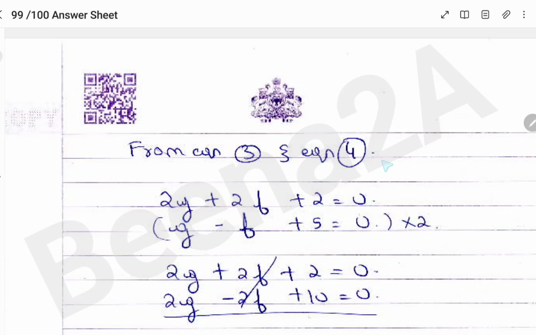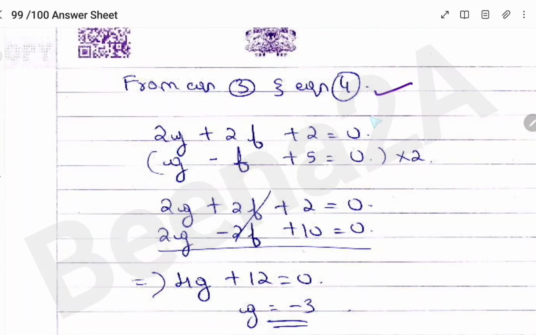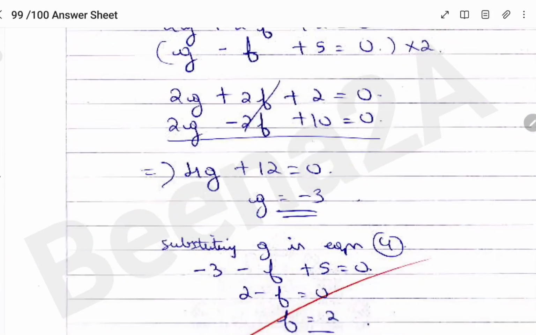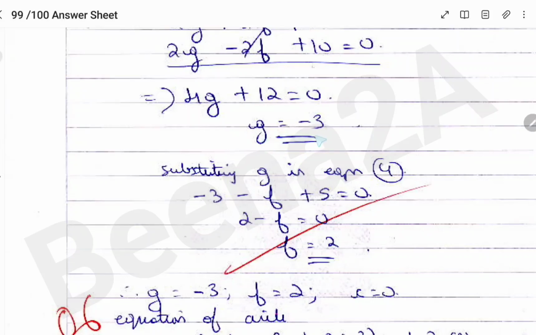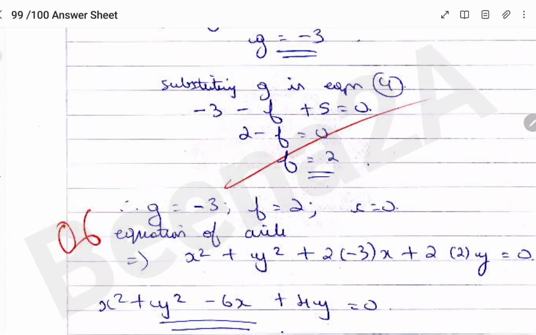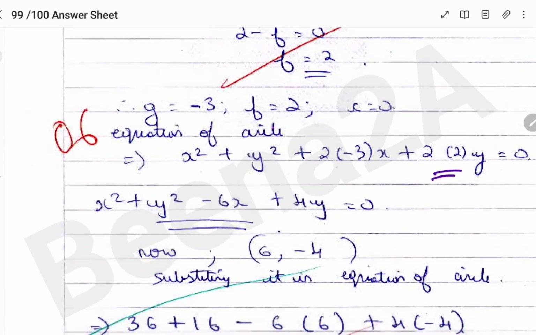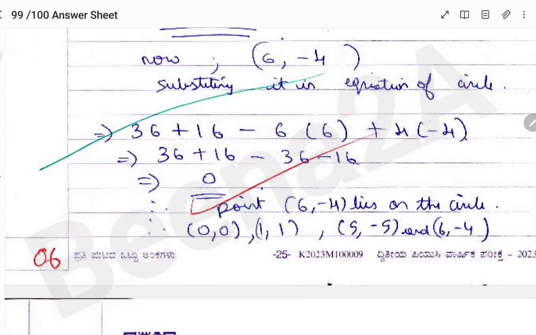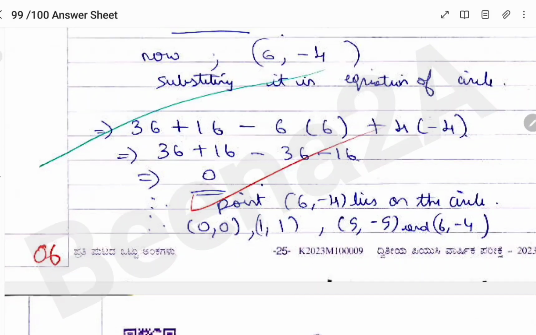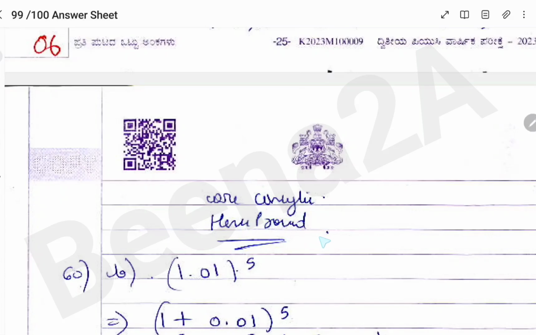Then from equation 3 and equation 4, he has neatly written the steps. Then underlining the values that he gets for G and F, and finally he writes the equation of the circle, and concludes that the points lie on the same circle, and therefore they are concyclic.